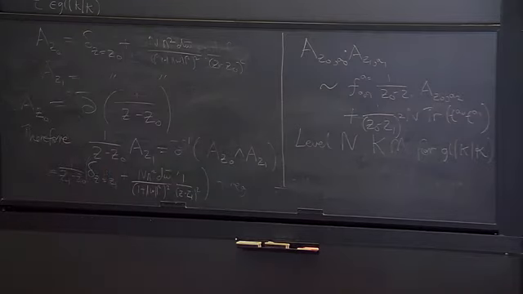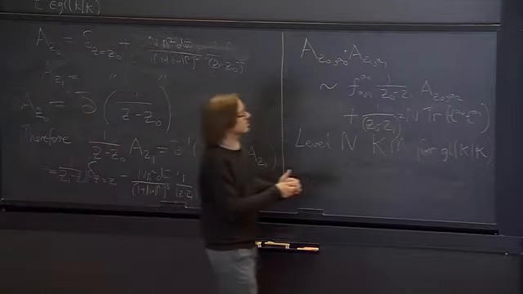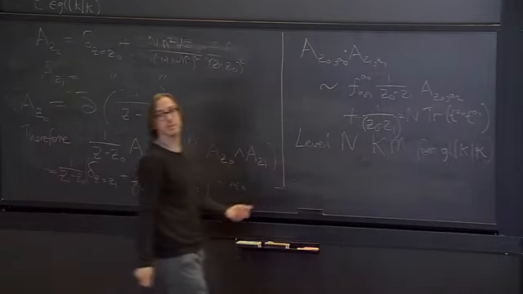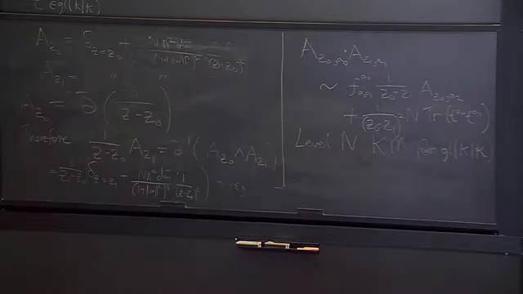And of course, this also appears in the large N Carroll algebra just because we have something with the GL_K symmetry, so there are currents for that, and they have the same level.